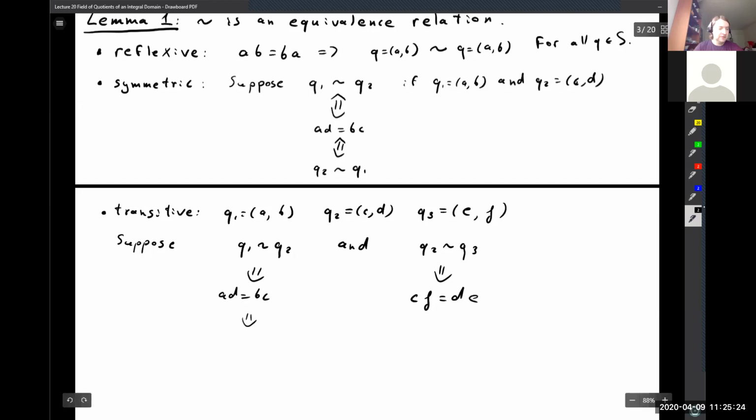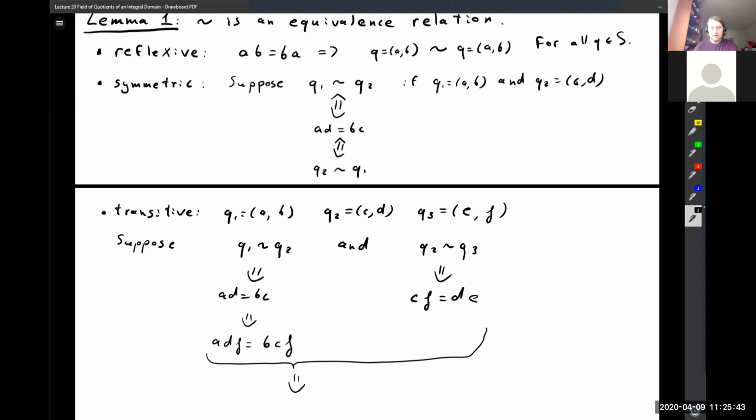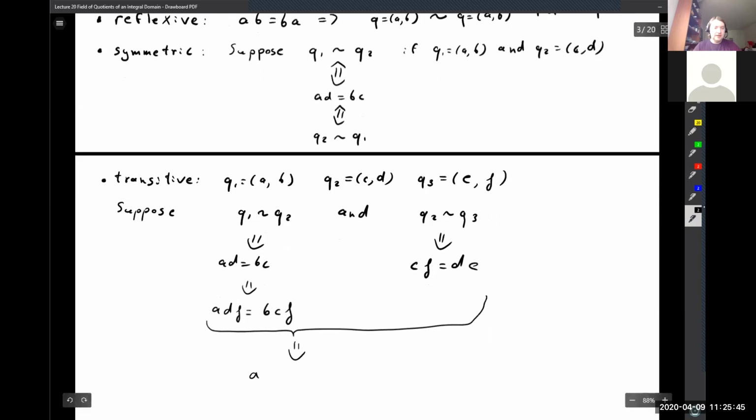So from here we get that ADF equals BCF, so we just multiplied both sides by F. Okay. So now combining this with the fact that CF equals DE, we conclude that ADF equals BDE, right?